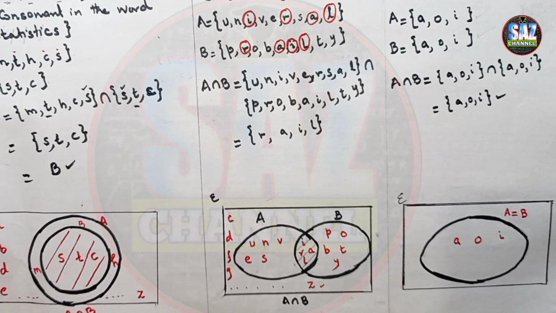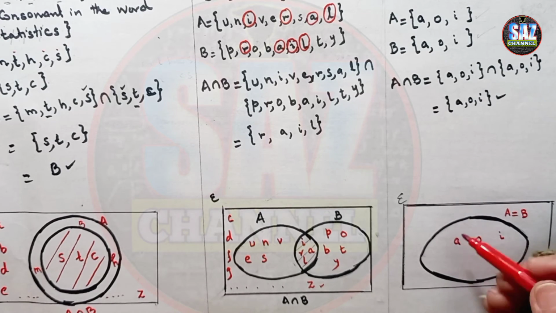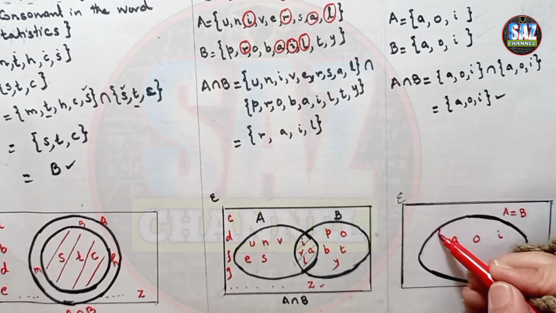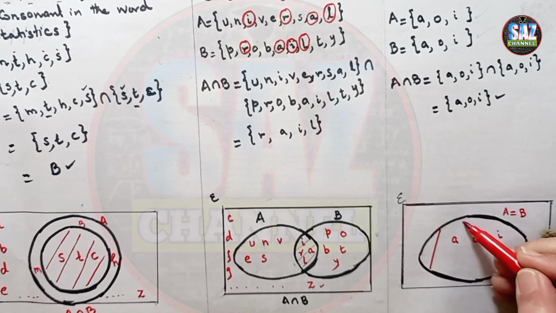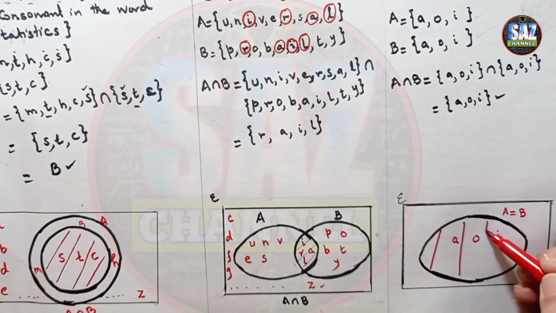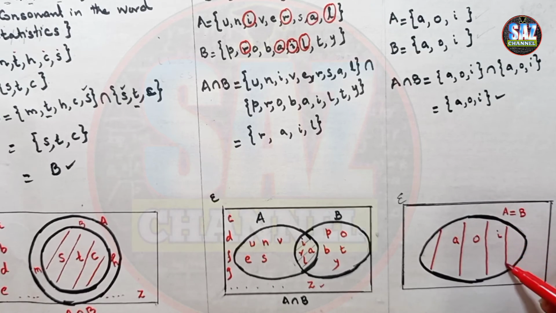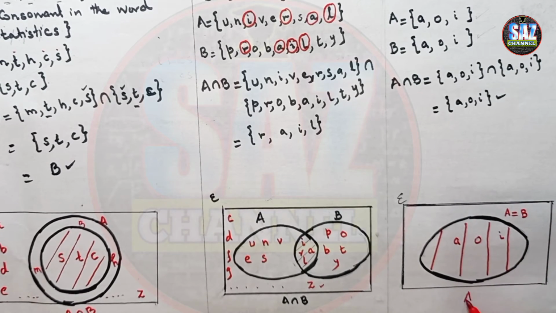Now, when I show this situation in the Venn diagram, this is the intersection region. This is a common region. So I'll be shading this portion nicely, and I have to mark A intersection B over here. Now I have to write the remaining elements of the universal set.